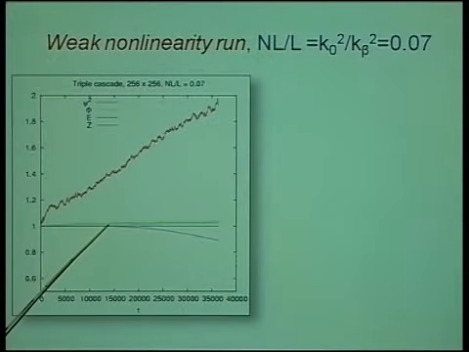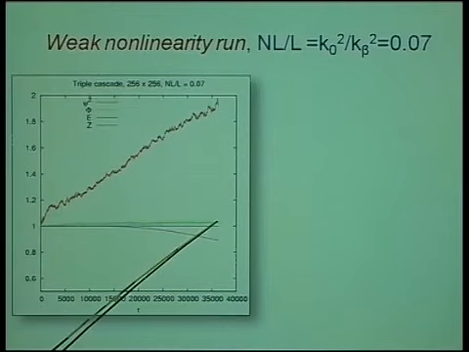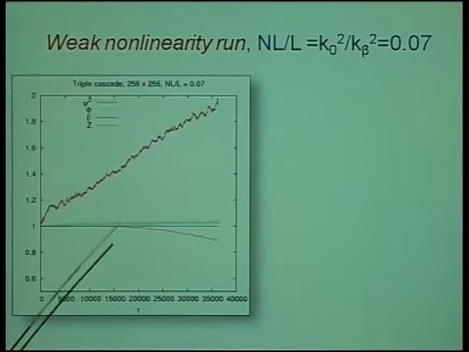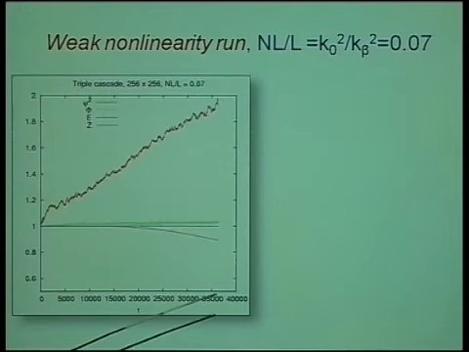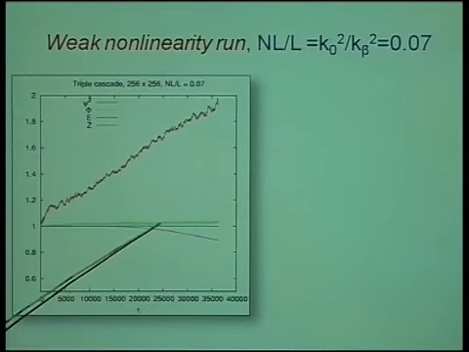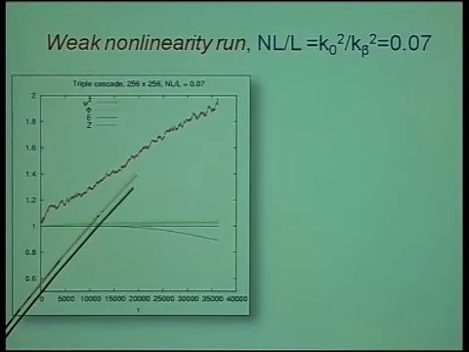Now look here. This is in green. This is zonostrophy. So this invariant is quite well conserved in this case, as you can see. You can see tiny fast fluctuations, but they cancel themselves, so cumulatively it's quite well conserved.